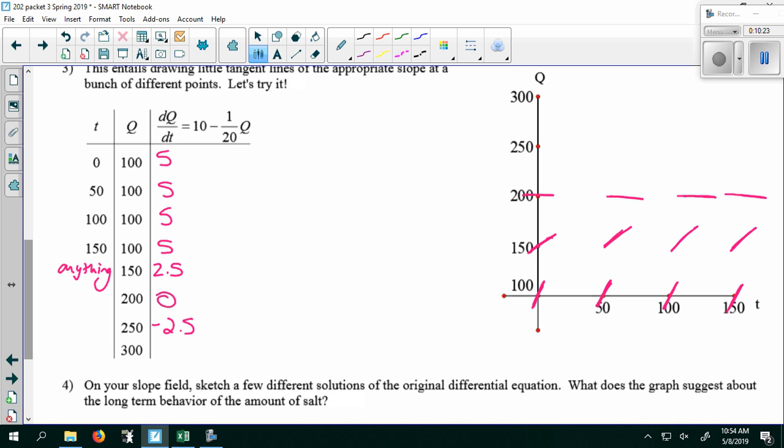So now they're decreasing, the same steepness as at 150, but decreasing. So something like this. And then 300 over 20 is 15. 10 minus 15 is negative 5. So I have steeper decreasing tangent lines.